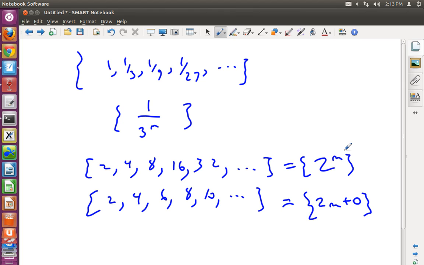I could have written it this way instead: the common ratio, all to the n. To the 0 gives you 1. To the 1 gives you a third. To the 2 gives you 1/9, because 1 squared is still 1. To the third is 1/27, because 1 cubed is still 1, but 3 cubed is 27. You could write it that way.